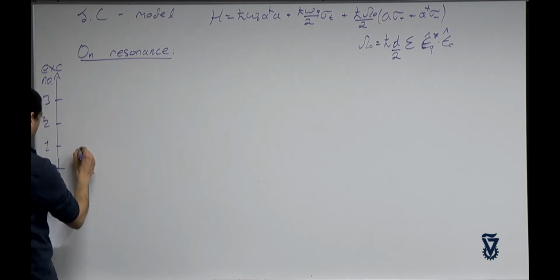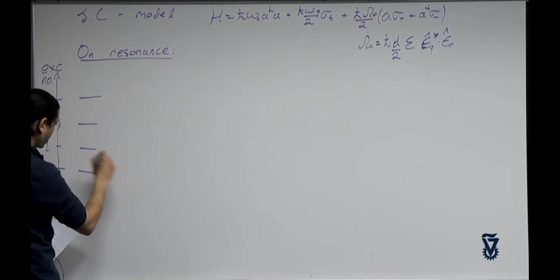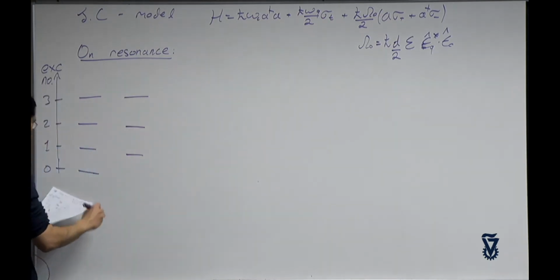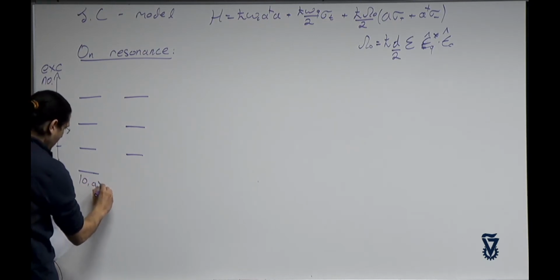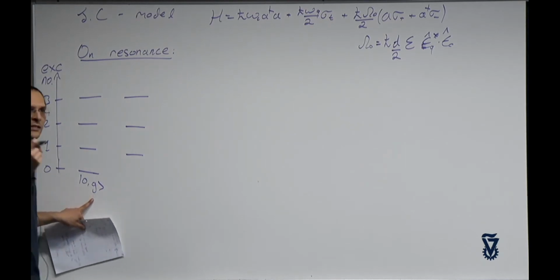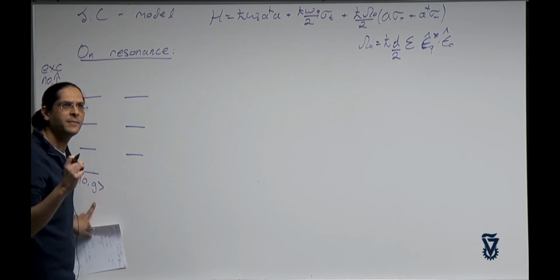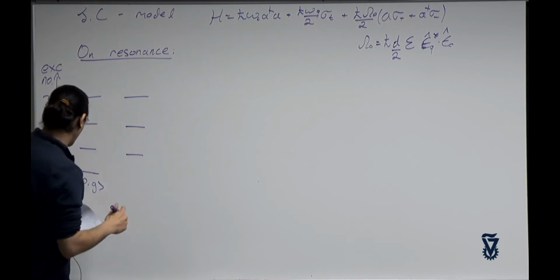And so we're going to have these energy levels over here. I'm going to label them, and then you're going to see what they correspond to. So this one is going to be 0 photons and the qubit in the ground state. Just to disambiguate the 0 and 1 of the qubit, I'm going to label them as ground and excited. So G and E are going to be the labels for the atom.